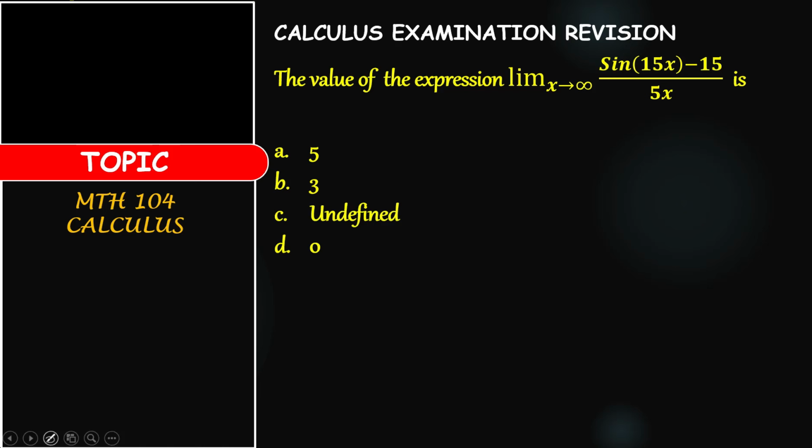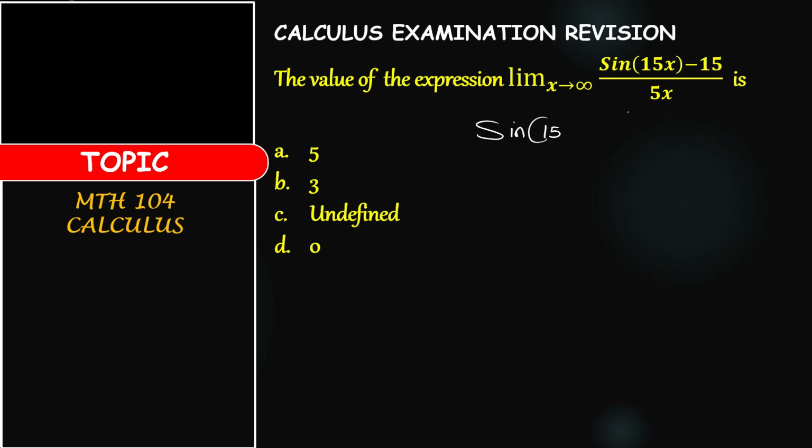Now, the value of the expression this. How do you solve a question like this? You can decide to apply L'Hospital's rule to see if it's going to give us the correct answer. Now, I'm not sure of the correctness of this question. So, this is sine 15.